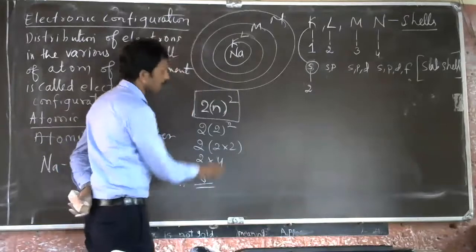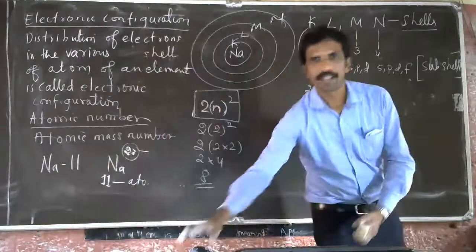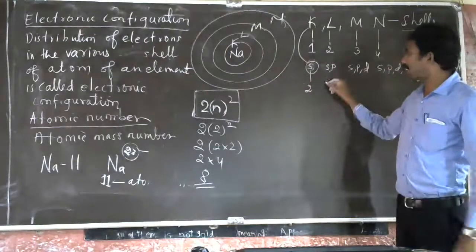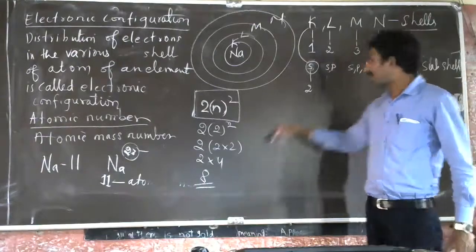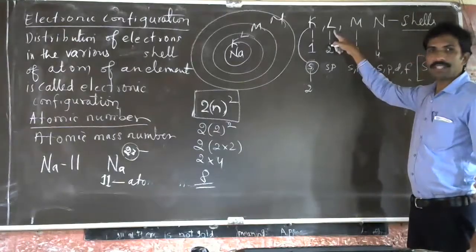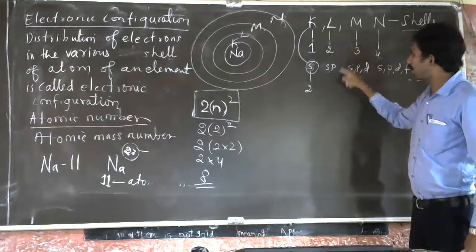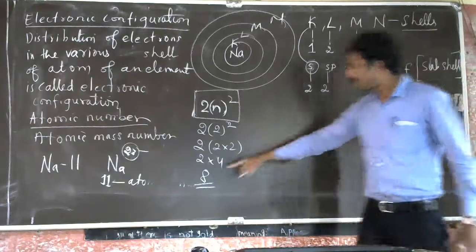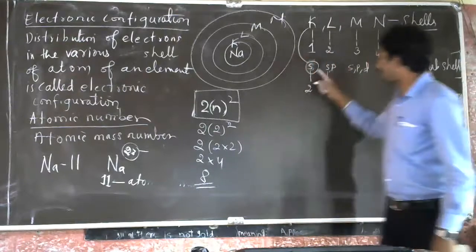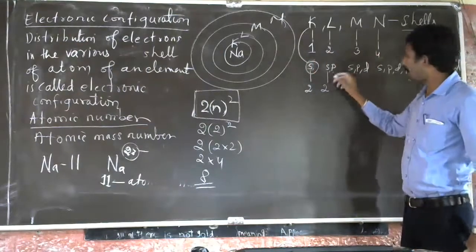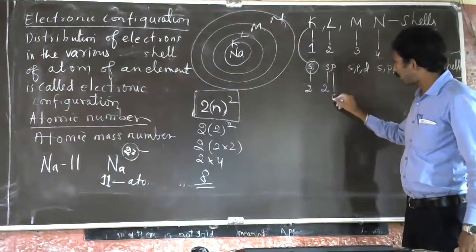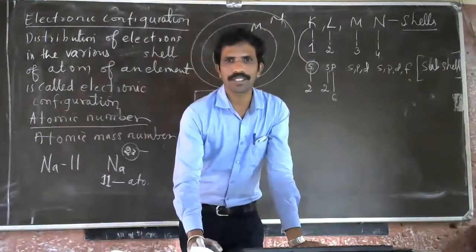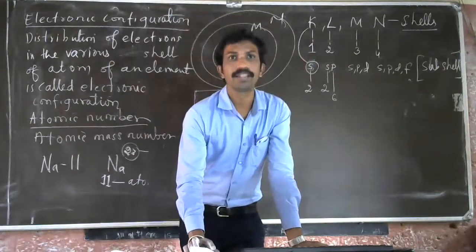Means 8 electrons can be occupied in the L shell, and in the S subshell 2 electrons are occupied. So of the 8 electrons, 2 are in the S subshell, and all the other 6 electrons are present in the P orbit.